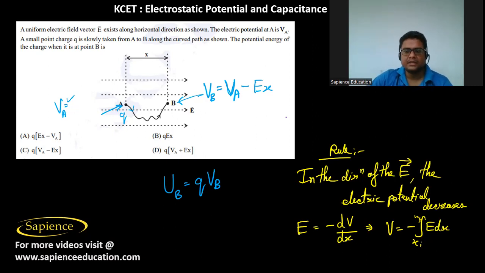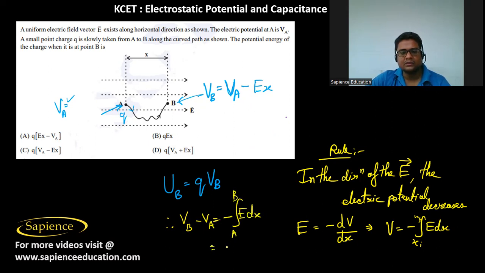So it is the negative of the work done by the electric field on a unit positive charge. Here the electric field is constant, so the potential difference VB minus VA will be equal to minus integral E dx from A to B.